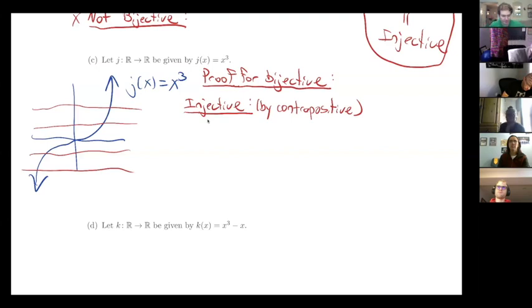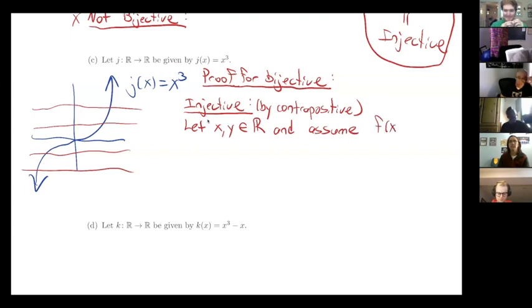So here we're going to say, let's consider two values x and y that are in the real numbers. And we don't have the f here, we have a j. And we're going to assume that j of x is equal to j of y.